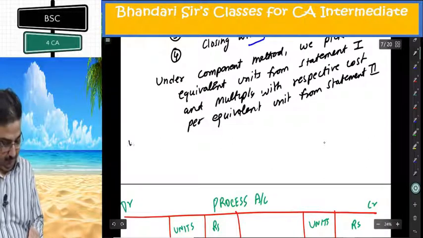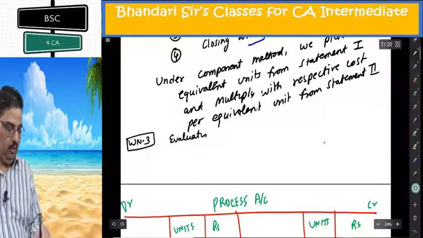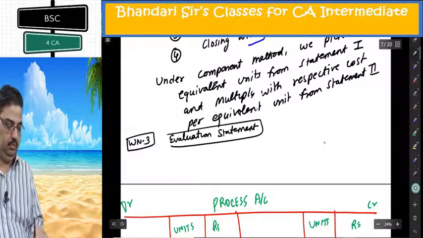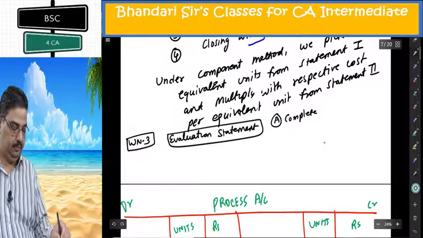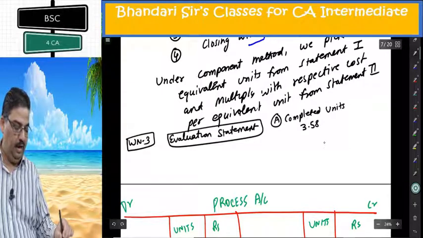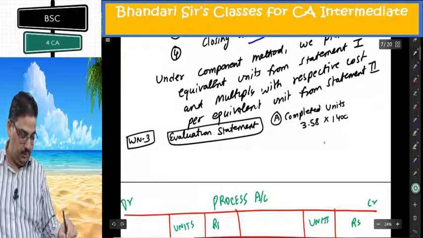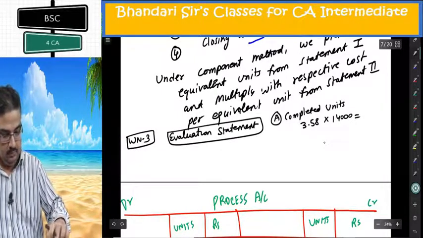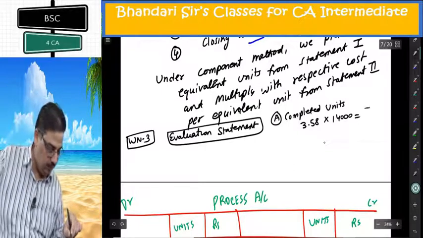Number one, in working note 3, evaluation statement. A evaluation is completed units. 3.58 per unit multiplied by 14,000 units. I am getting 50,120.